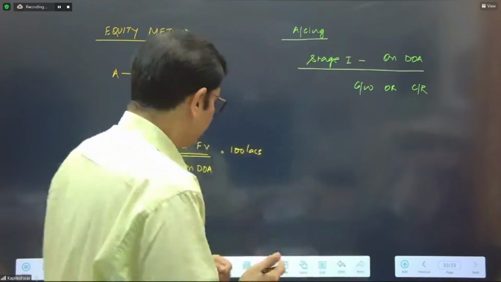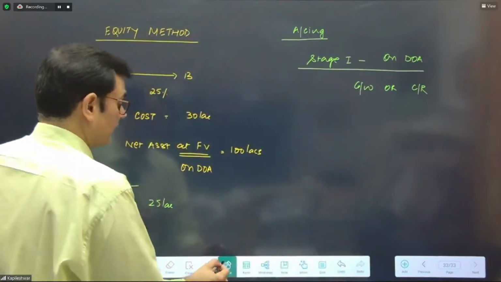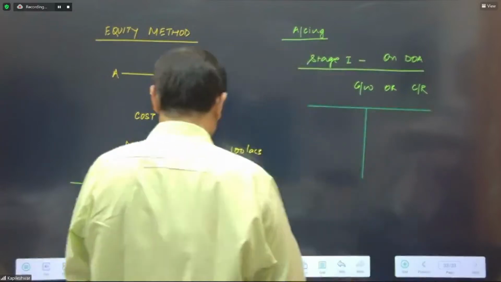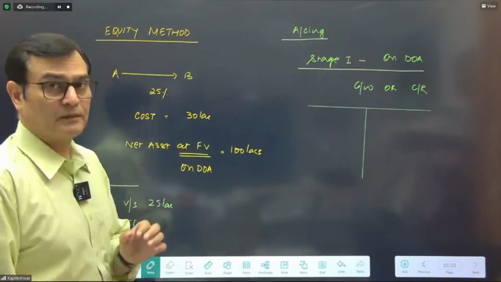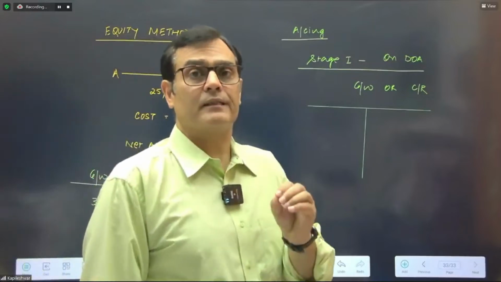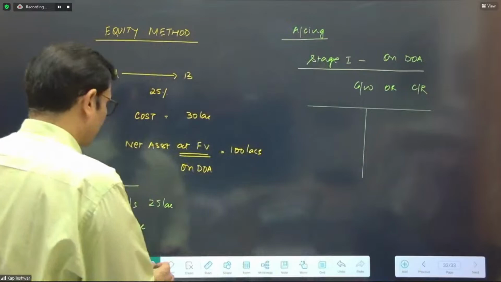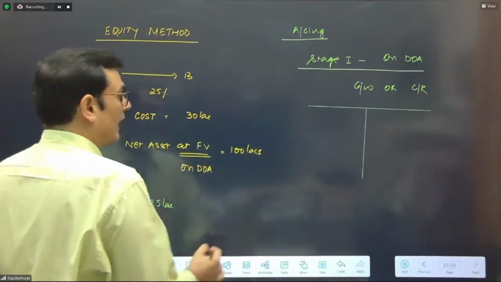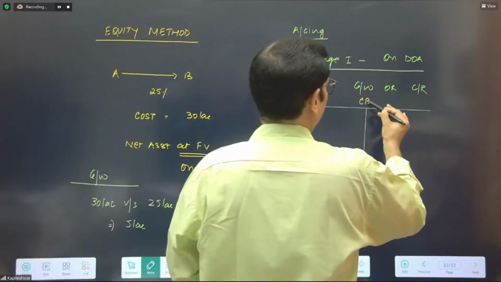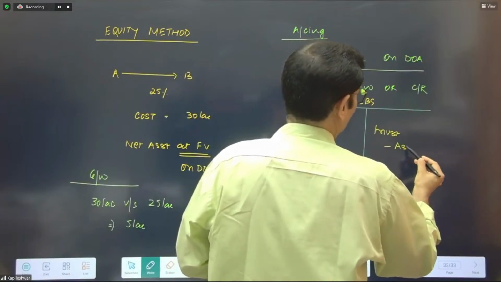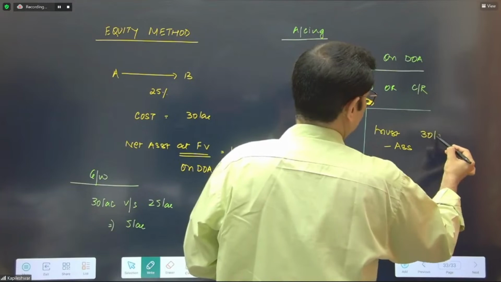Now, if you were to ask me to prepare a consolidated balance sheet on the date of acquisition itself, what I'm going to do in the consolidated balance sheet is reflect the investment in the associate company at the cost itself.